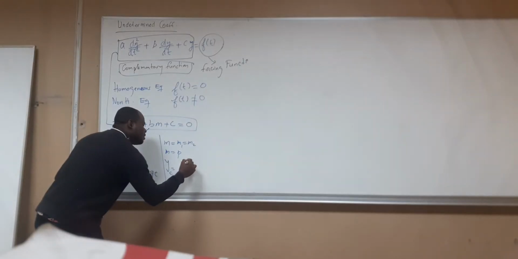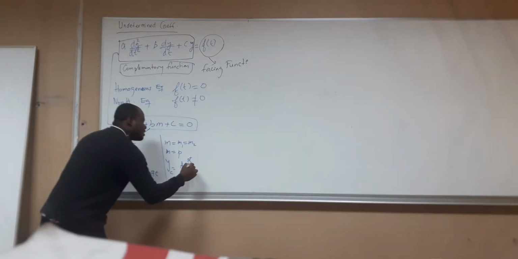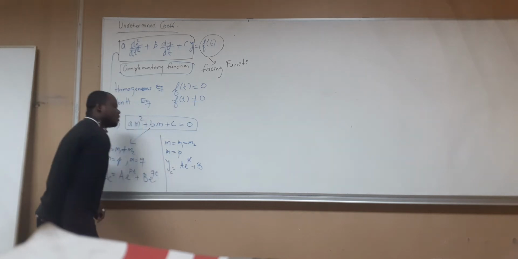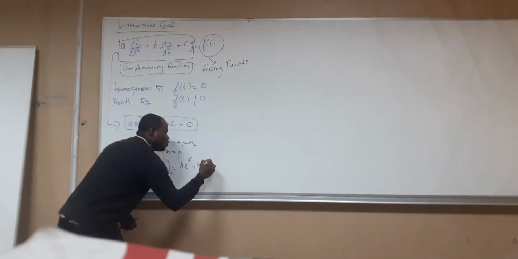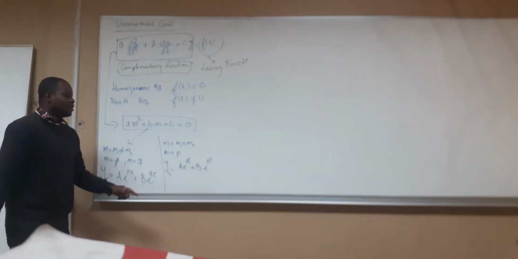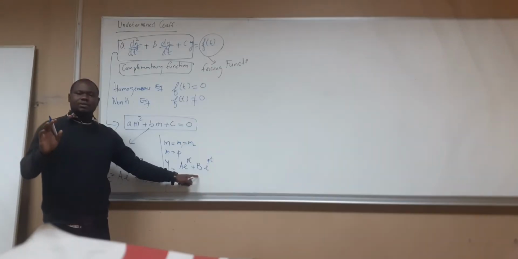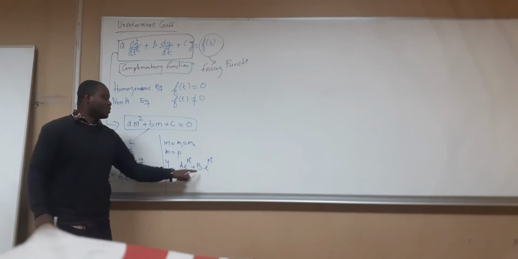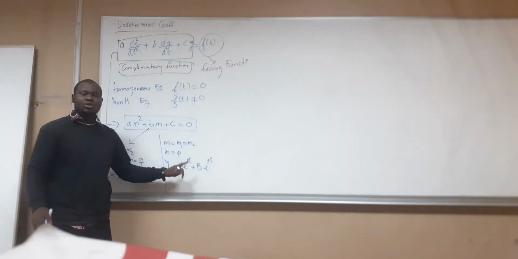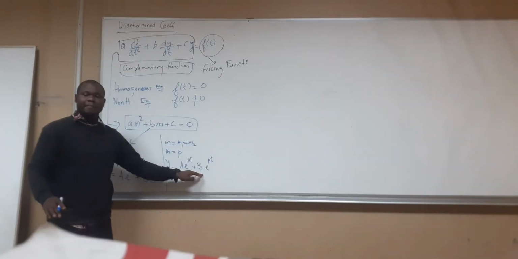My yc will be a e to the power pt plus b e to the power pt. The rule says you cannot repeat the same thing, because a is a constant and b also is a constant, so it's going to clash. So you do not repeat the same thing.